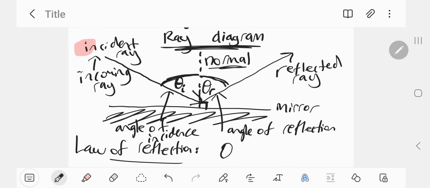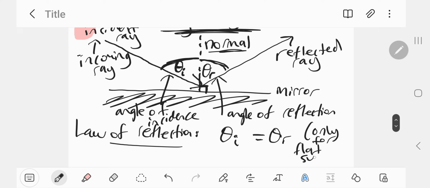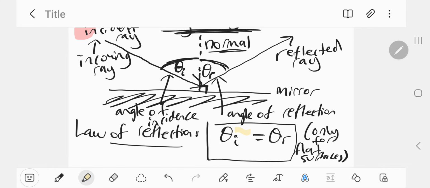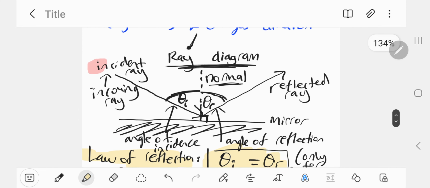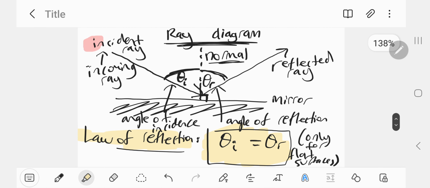It states that theta sub I is equal to theta sub R. This is only for flat surfaces. It's a very simple mathematical relationship here. And that's it. That's what a ray diagram is, and that's the law of reflection. Only applies for smooth surfaces like mirrors, flat surfaces. We don't look into rough surfaces, even for year 11 physics. It's too complicated. Angles become warped, and the maths gets more complicated too.